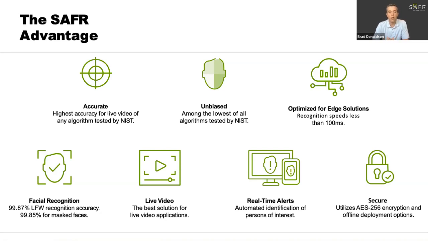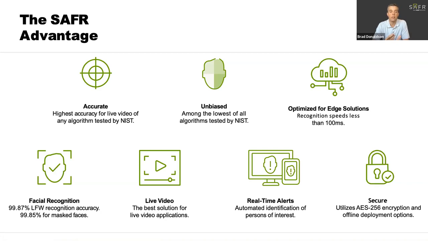So if you look at our scores, and these are available through NIST, we perform very well in the category of faces in the wild, which is the category that represents live video. Of those algorithms in NIST that perform well in this category, we are the most lightweight on hardware, and we're the fastest.